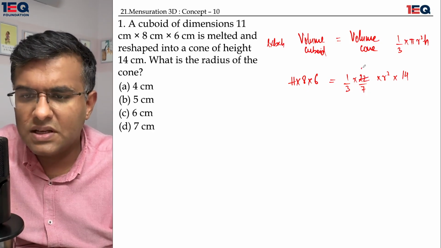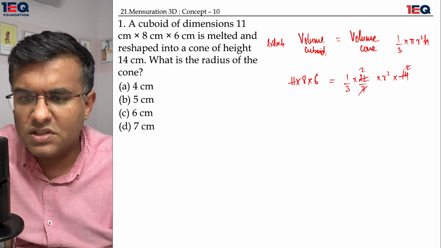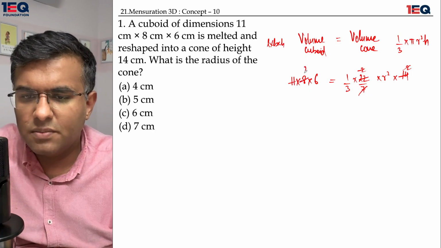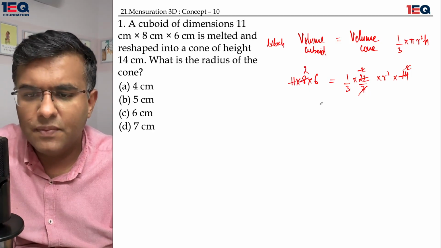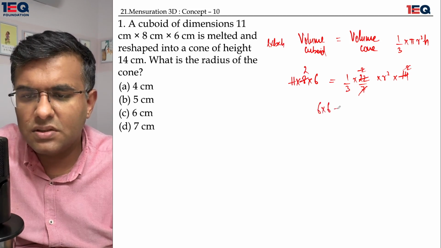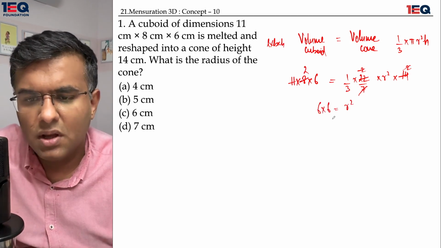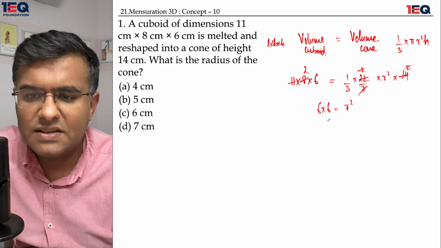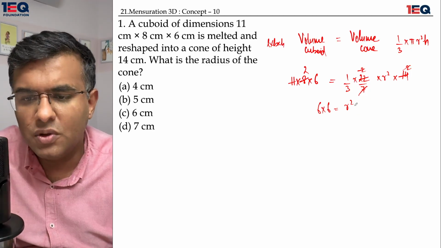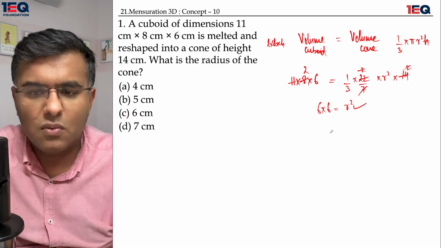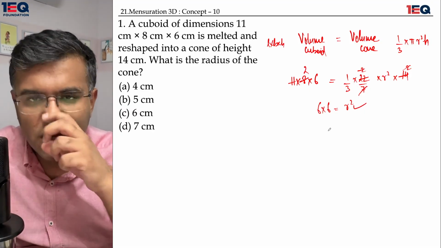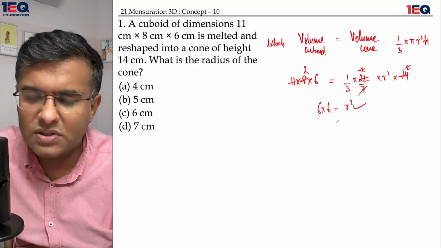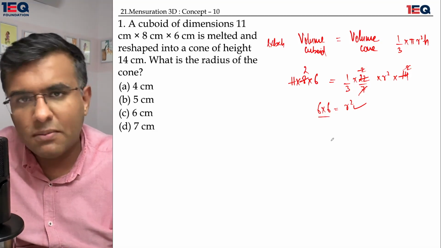So this gets cancelled out at 2. This gives me another 2. This gives me a 4. This gives me a 2. And yes, I have 6 into 6, which is equal to r square. I deliberately did not multiply 6 into 6 because I wanted to show you that once we have a square and we apply a square root on both sides, 6 would come out of it.